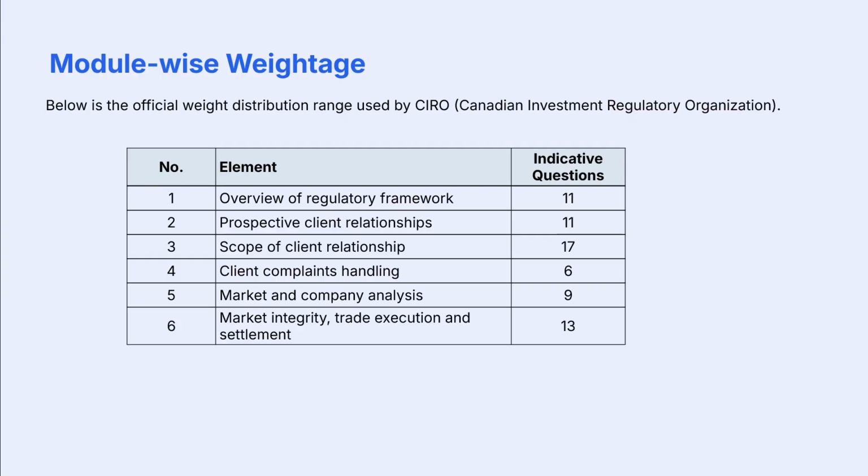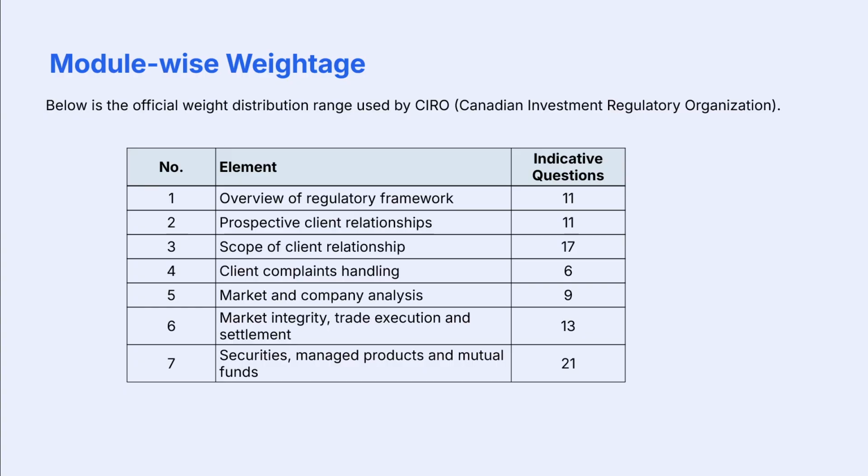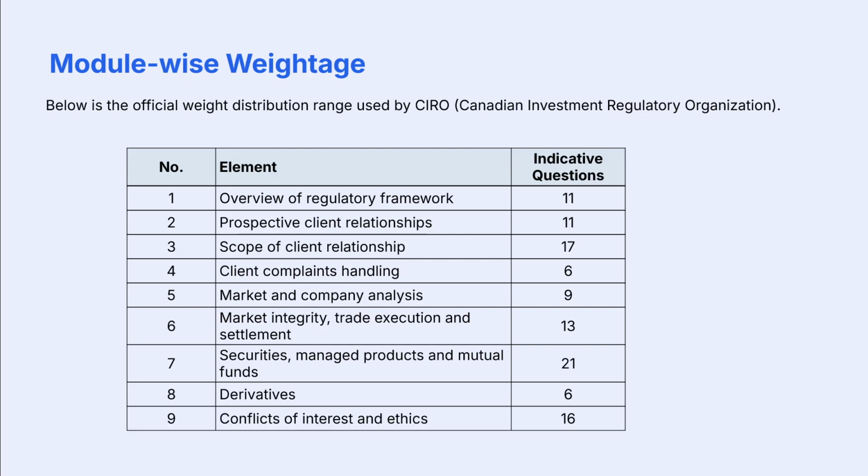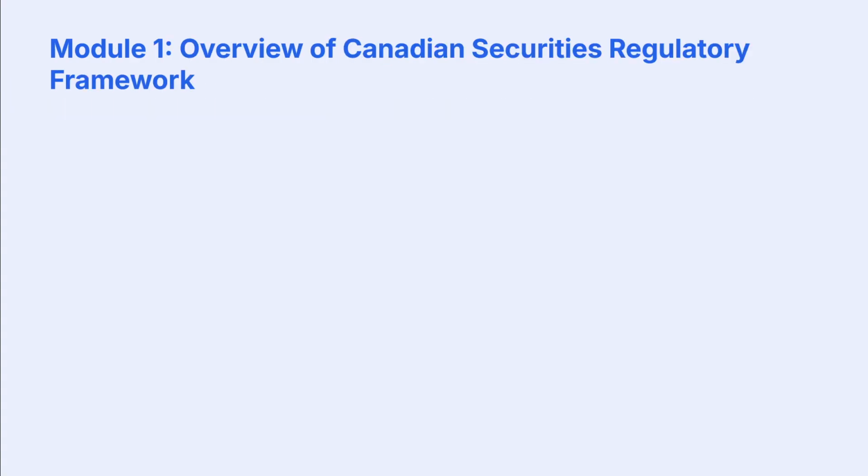Market integrity, trade execution and settlement, 13 questions. Securities, managed products and mutual funds, 21 questions, and 6 questions from derivatives and 16 questions from conflict of interest and ethics. So as you can see, the 9th, 7th and 3rd modules are most important from the examination point of view.